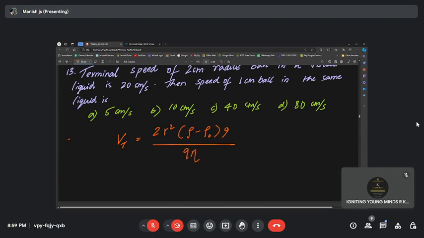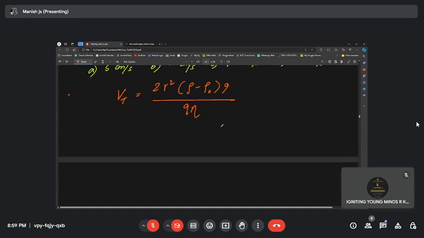Okay, so this is the formula, children. Now here what do you understand? There is a relation between terminal velocity and the radius. How are they related? Terminal velocity is related to radius directly. So the terminal velocity is directly proportional to the square of the radius, isn't it?